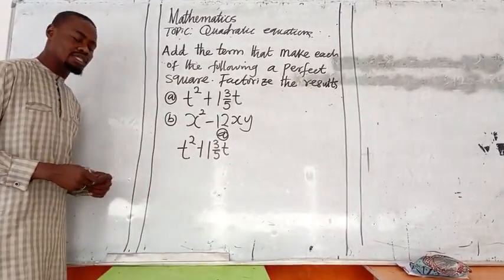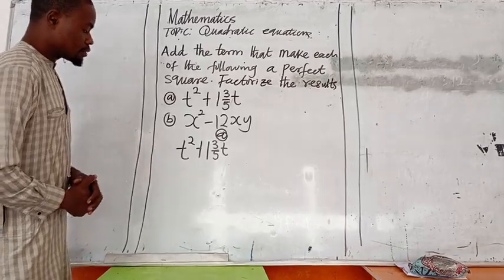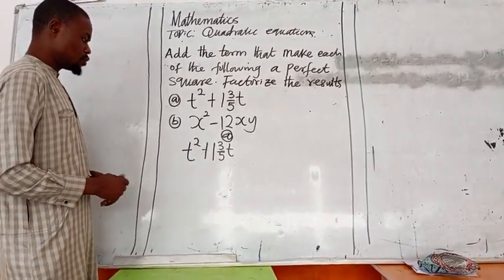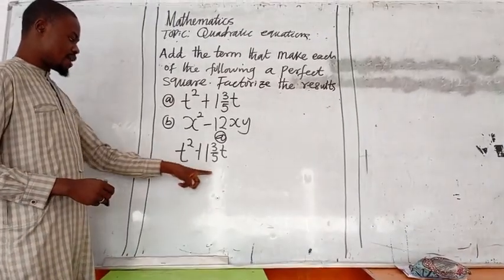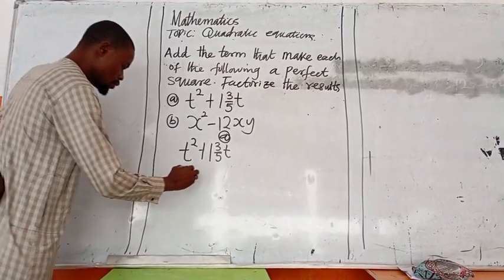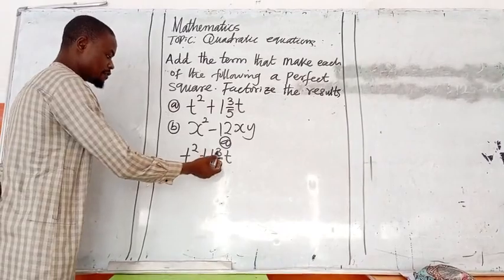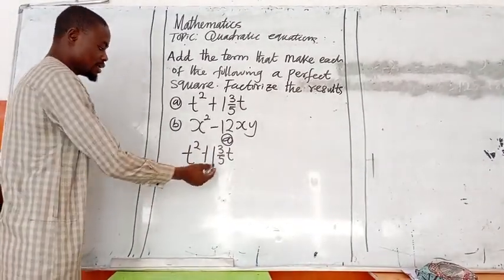What can I add to this expression to make it a perfect square? I have a formula. What you're going to do is take b here. This is b, which is 1 whole number 3 over 5. From what I have, 1 times 5, 5 plus 3, we have 8 over 5.